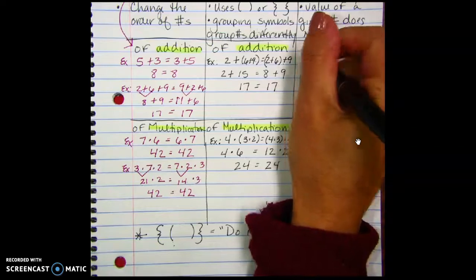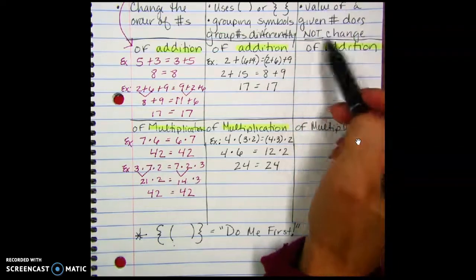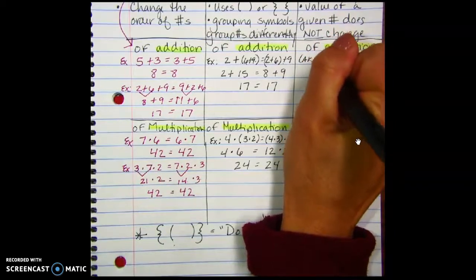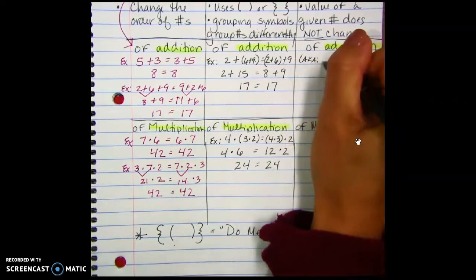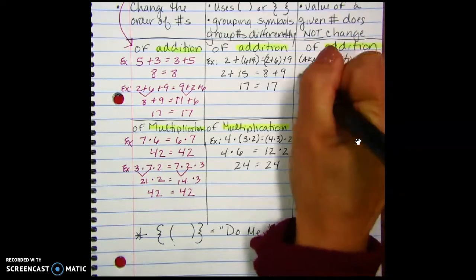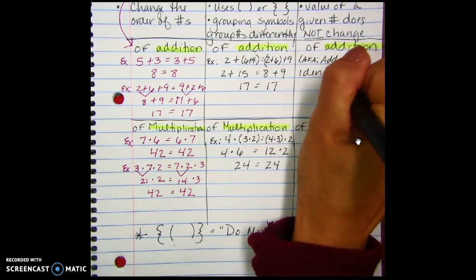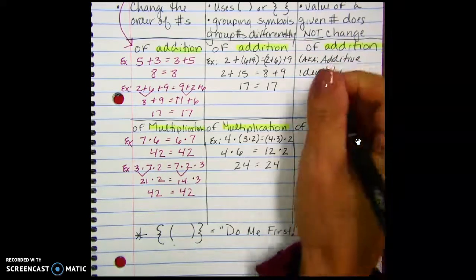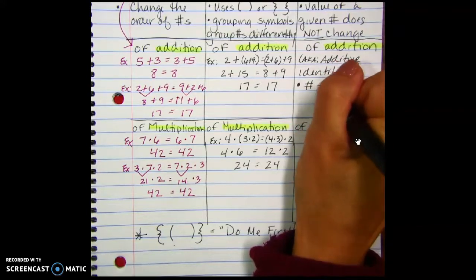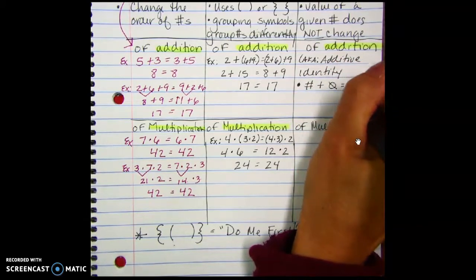This is not only the identity property of addition, it's also known as the additive identity. And all it's saying is any number plus 0 equals itself.